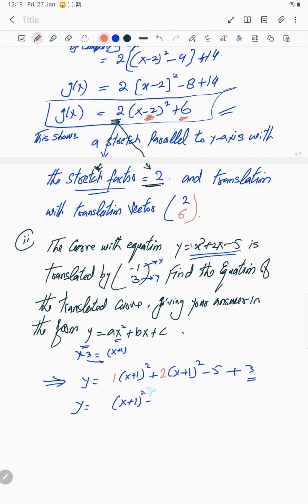Further I can expand this. (a plus b) whole squared is a squared plus b squared plus 2ab, plus 2x plus 2 minus 5 plus 3. I can have y equal to x squared plus 2x plus 2x makes 4x, plus 1 plus 2 is 3, plus 3 is 6, and minus 5 is plus 1, which is the required form.